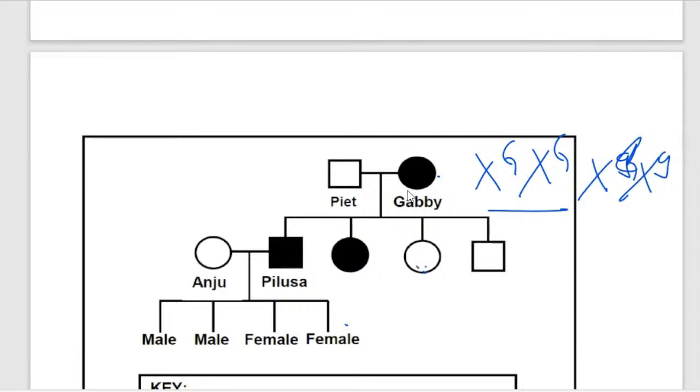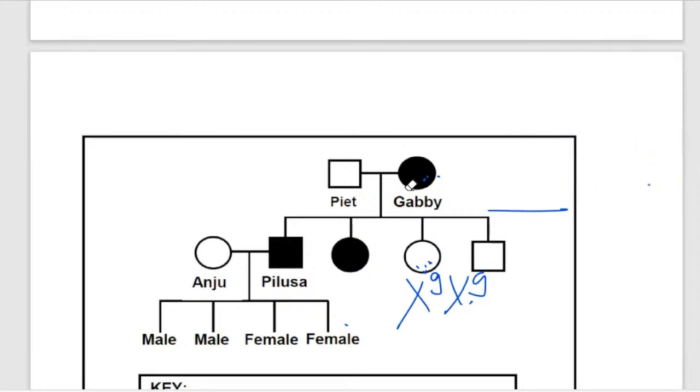What about this one? This one is normal. So if it's normal, therefore it's going to be small g. Therefore, this person can't be this, because this person, the kid, has a small g. Therefore, it came from here. Therefore, I have to say that this individual is capital G, small g. So that one is done. What about the female? Remember, this is normal.